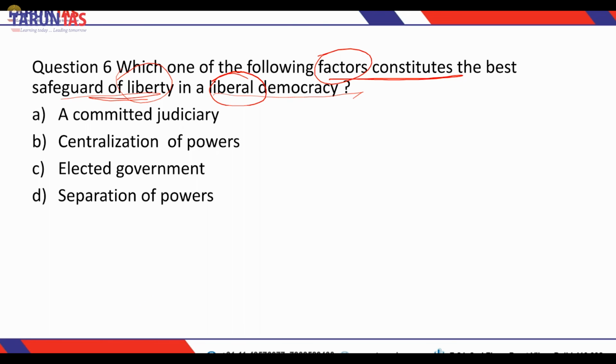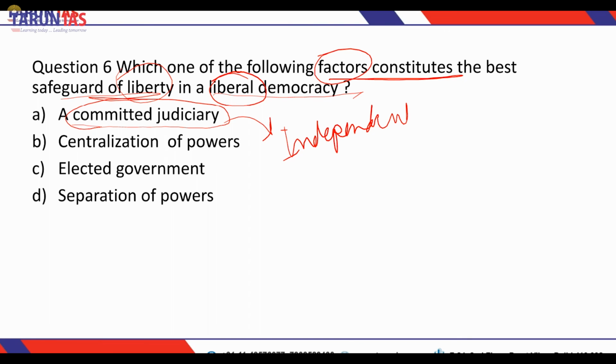For any country to safeguard the liberty of its citizens, a judiciary needs to have independence. Now here, a committed judiciary. Committed to what? If we say independent judiciary, then yes, an independent judiciary will ensure the fundamental rights of the citizen.